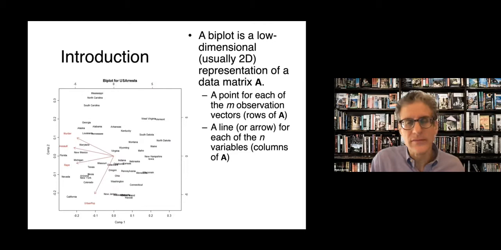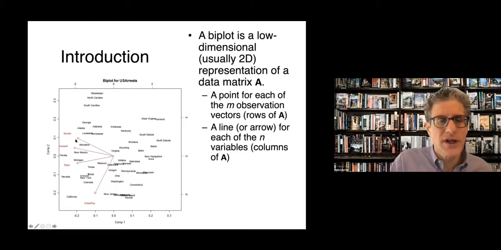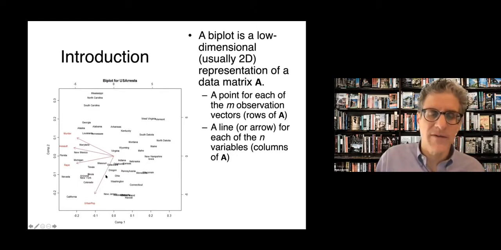We could also do an eigenproblem for the different crimes. And we would see maybe that the profile over the states of murder, assault, and rape is more similar to each other than the profile for, say, urban pop.